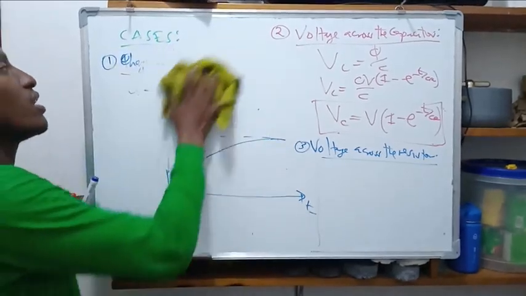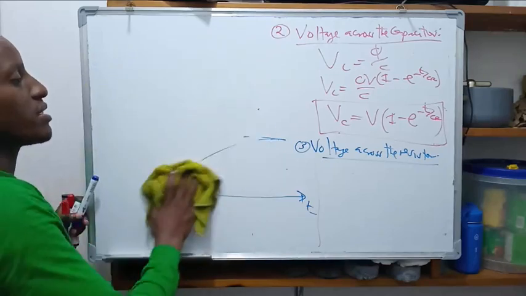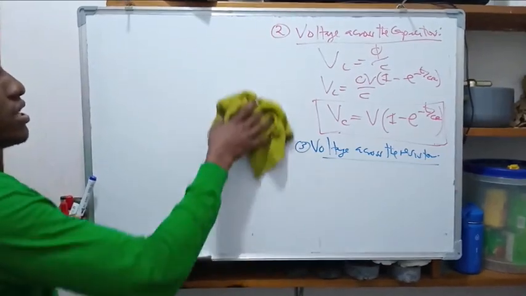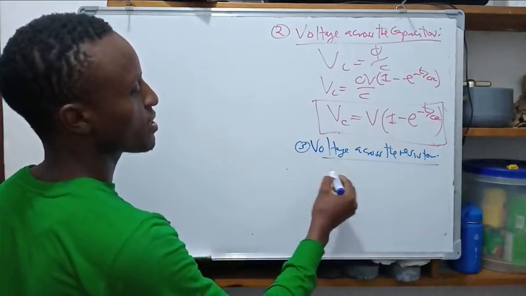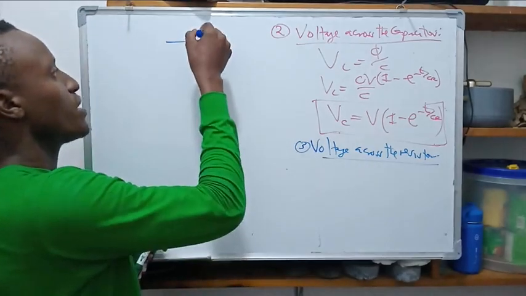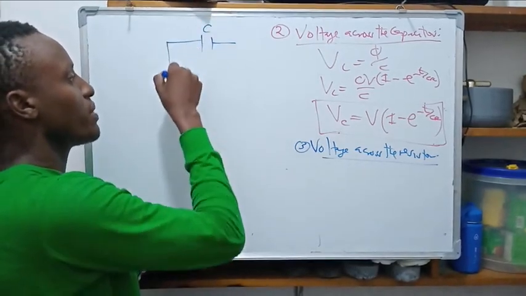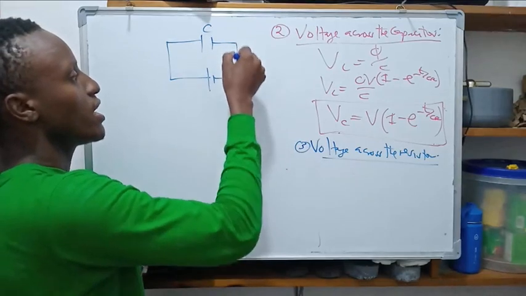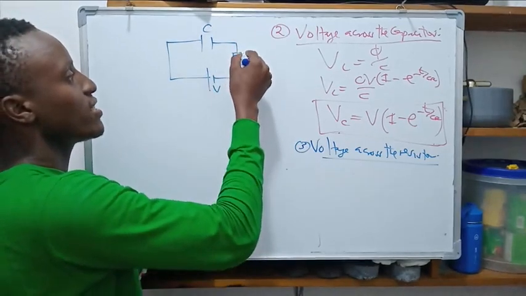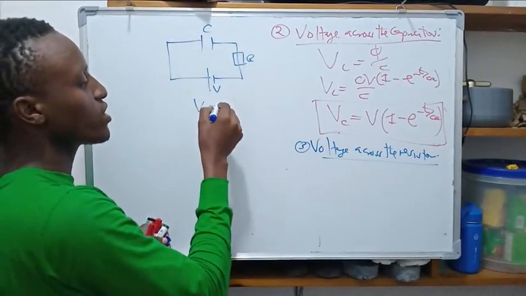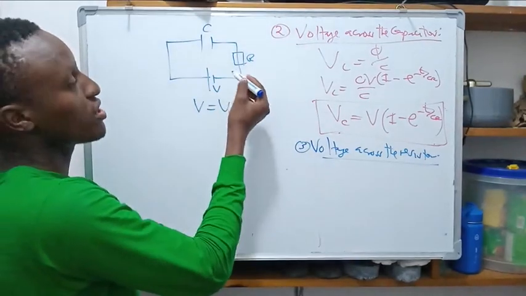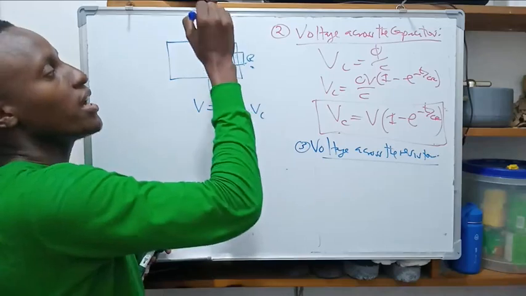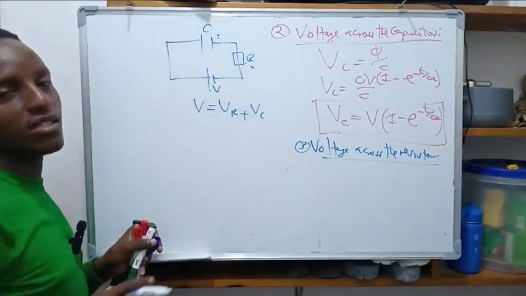We had this drawing: this is the capacitor and this is the cell, this is the voltage, and we had a resistor here. So we said V is equal to VR plus VC. The potential from the battery is equal to the summation of the potential drop here and the potential drop here.